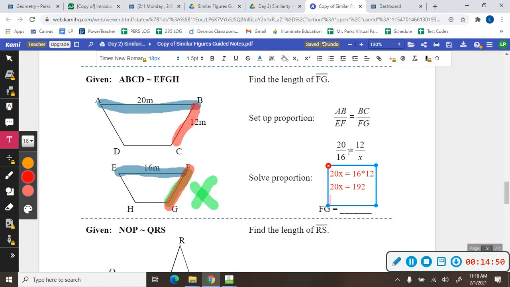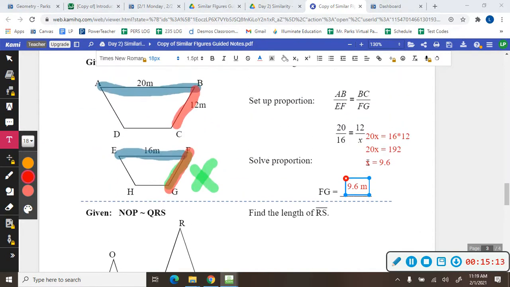Take 192 divided by 20, and you get 9.6. Now you cannot be afraid to get fractions or decimals because it's probably going to happen with similarity. But FG equals 9.6 meters. That's the units.